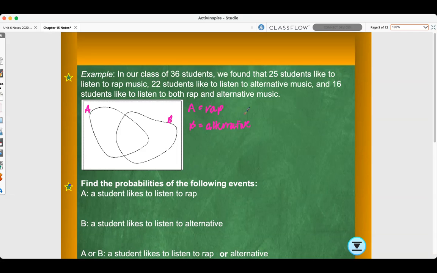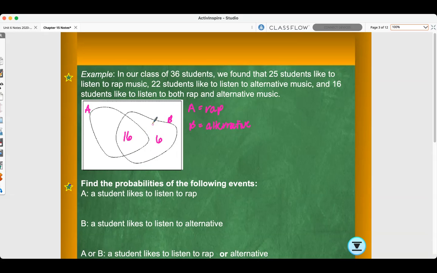And the first thing we want to do is start from the inside out. So there are 16 people that listen to both. So we would have 16 in the intersection of A and B. Then there were 22 students who like to listen to alternative music. Already in section B, we have 16. The whole section B is 22. So 22 minus 16 will give me 6 that are just alternative music.